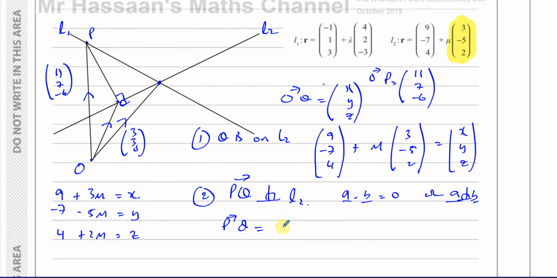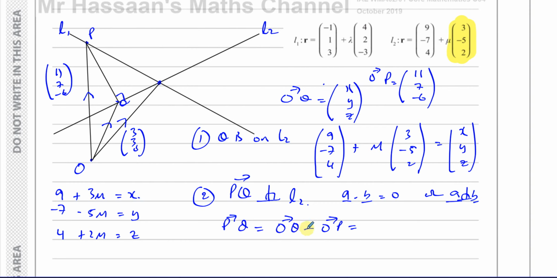So P to Q is basically going to be O to Q minus O to P.